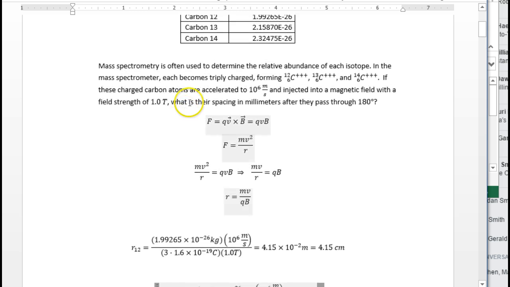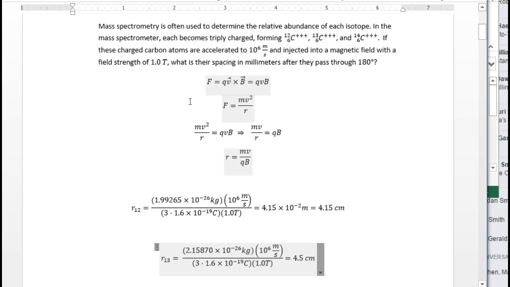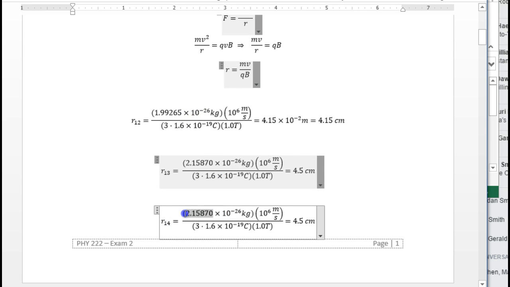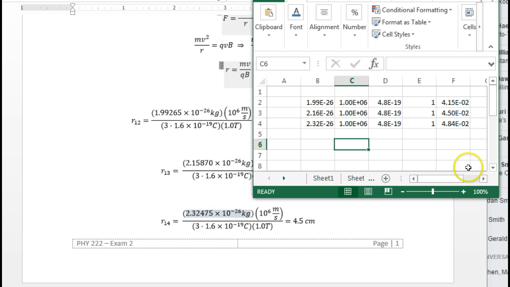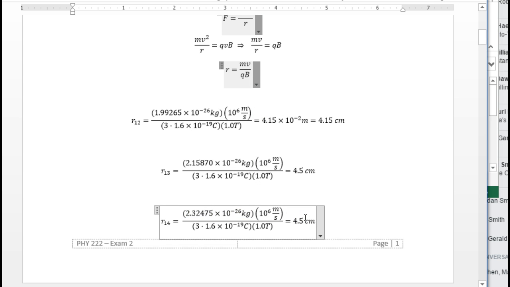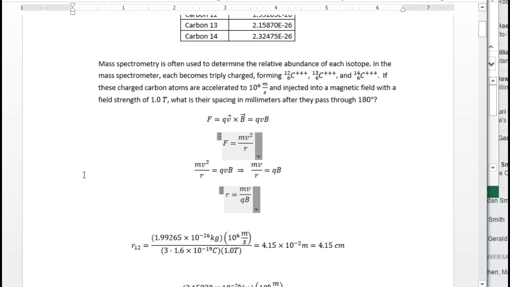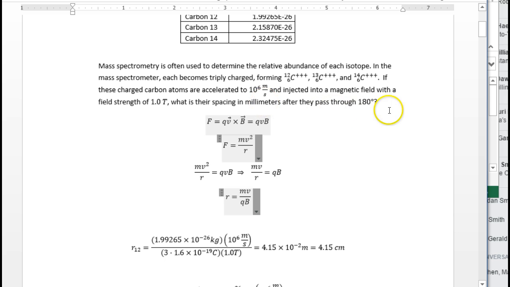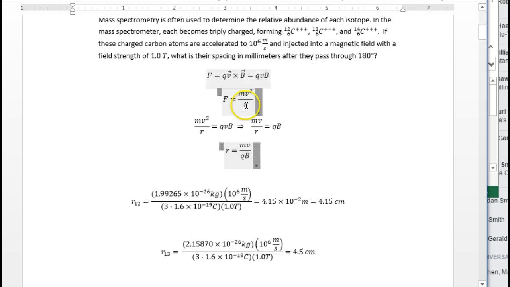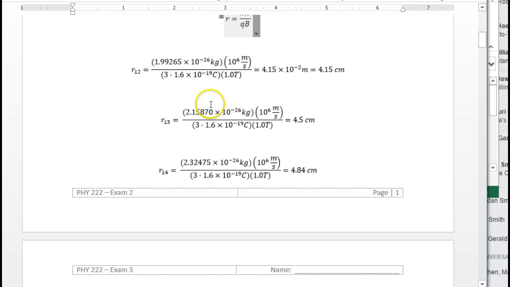The mass is 2.32475, and the resulting radius is 4.84 centimeters. So the question is, what is their spacing in millimeters as they pass through 180 degrees?